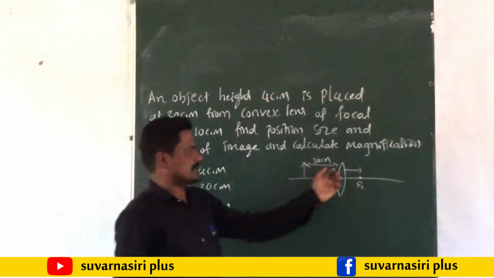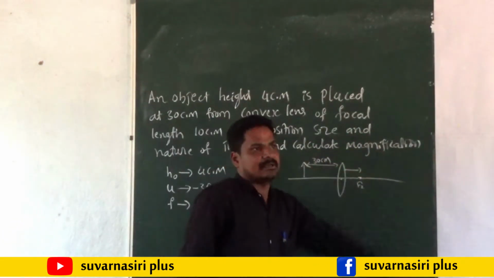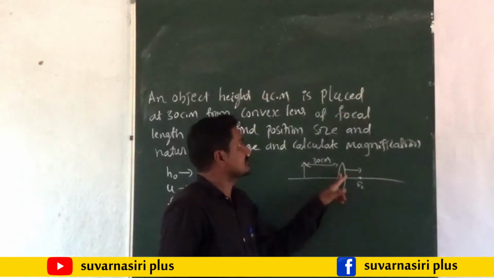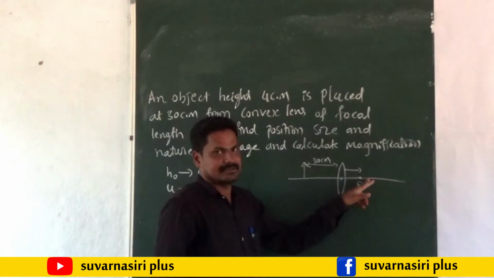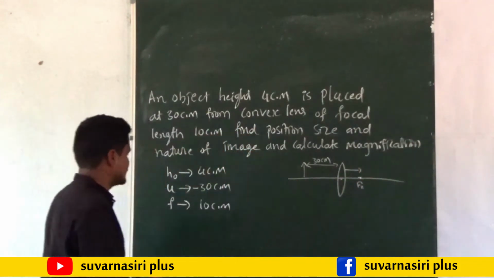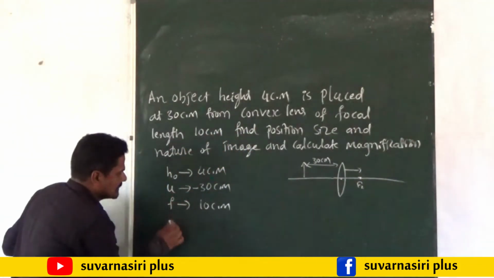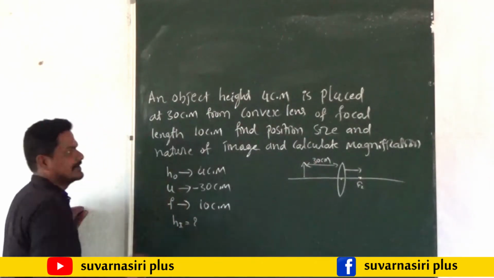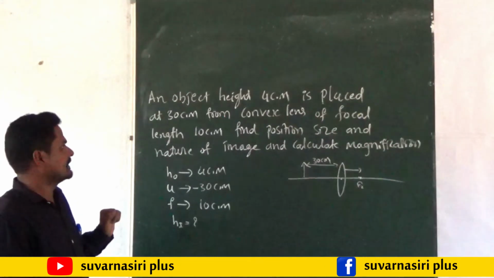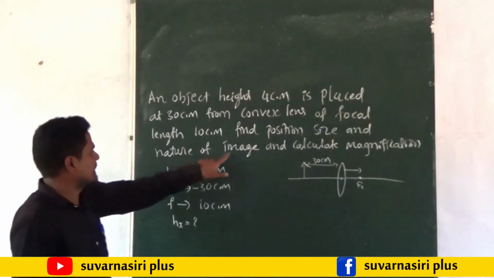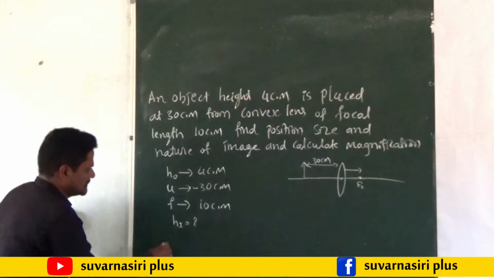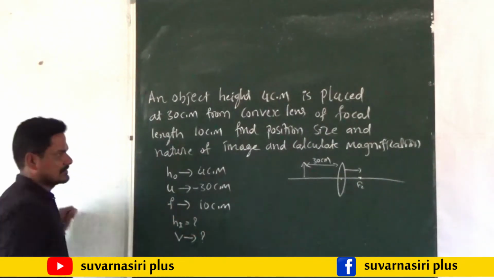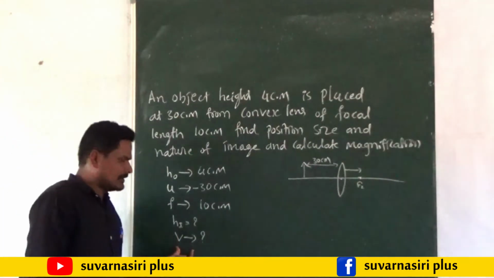The focal length of this convex lens is on the right side, so it is positive 10 centimeter. Next, the height of the image we don't know, and the position v is a question mark, so we don't know v also.